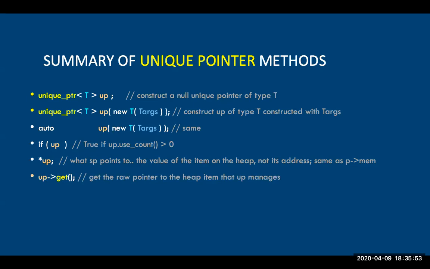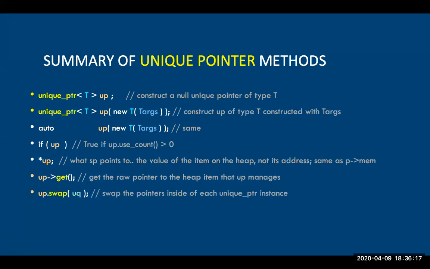Now I can get at the raw pointer if I want, and this is true of the shared pointers and the weak pointers as well. If for some crazy reason you need to get at the actual raw pointer, the raw address on the heap, so you can do something to it, you can do that. And that method lets you get that raw pointer and do something with it.